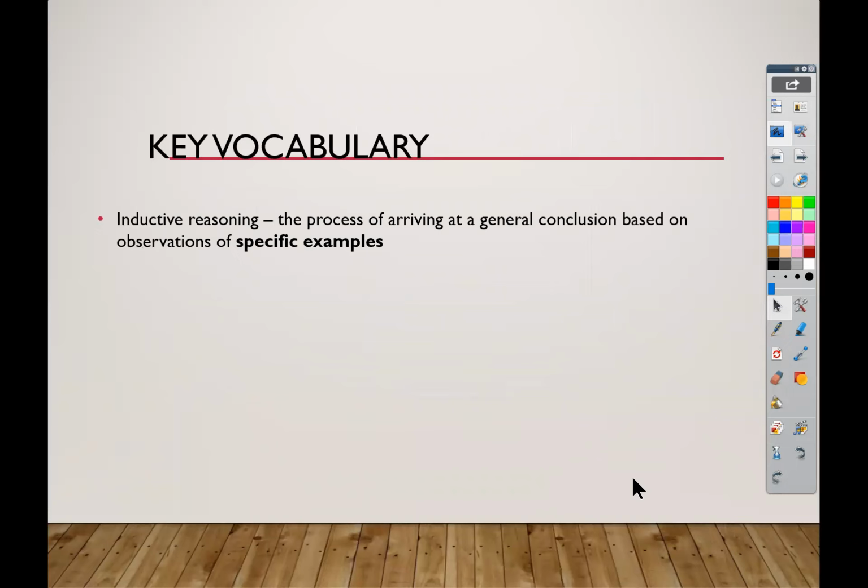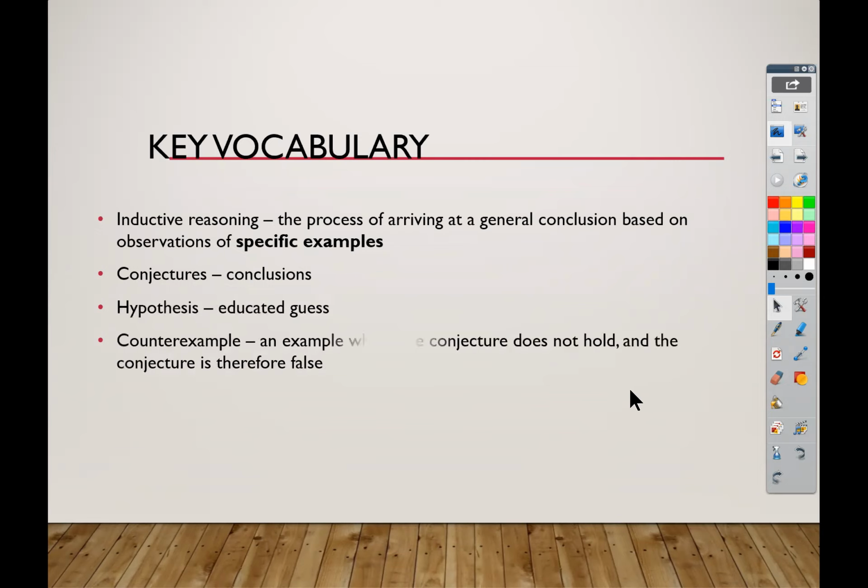Inductive reasoning is the process of arriving at a general conclusion based on observations of specific examples. Conjectures are conclusions. A hypothesis is an educated guess.